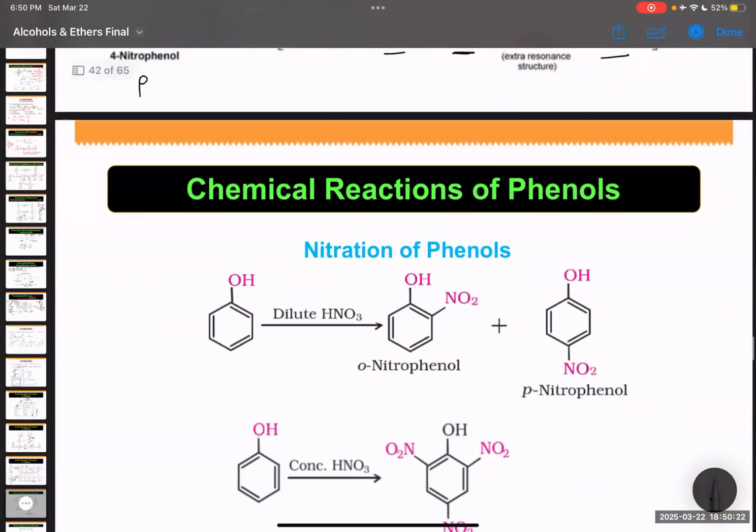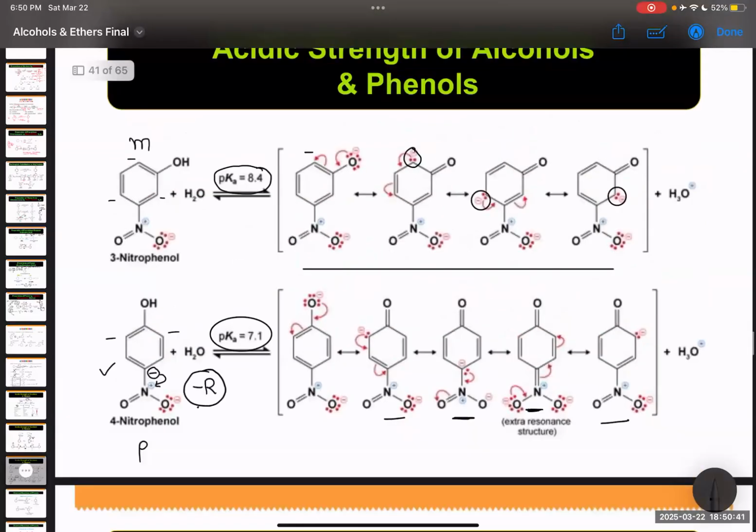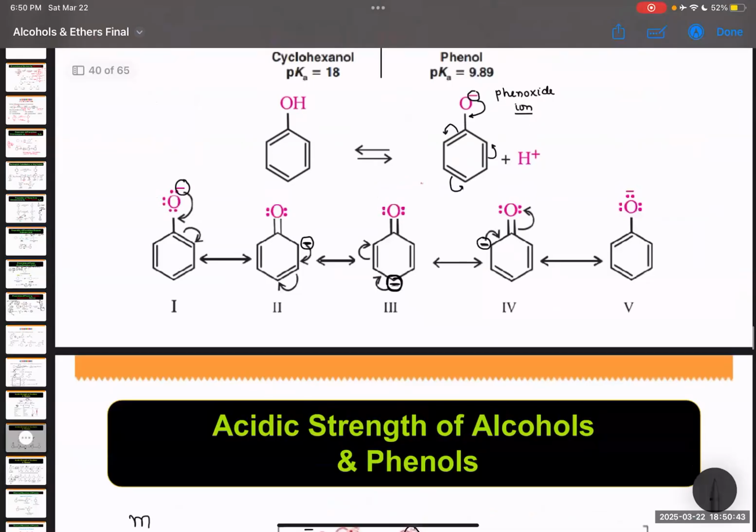Now we proceed to the chemical reactions of phenol. In order to know where the reaction is going to happen, you need to know the resonance structure of phenol. This thing you should always keep in mind.